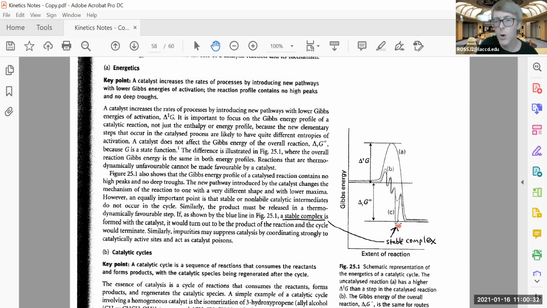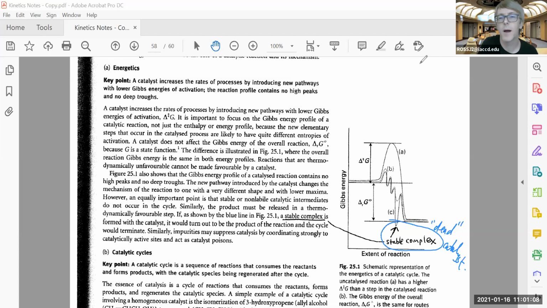Anytime this dips below the energy of the product, you've essentially killed the catalyst. This is effectively a dead catalyst. The problem is you've formed a thermodynamically stable complex with the catalyst. That's a no-no. You've now stopped the catalyst from being a catalyst. So I wanted to point that feature out if you see it in a diagram.